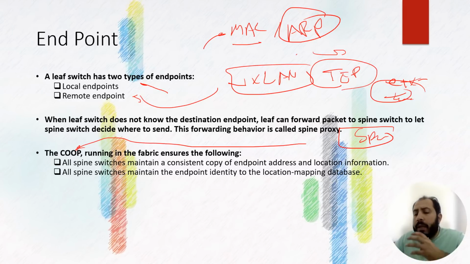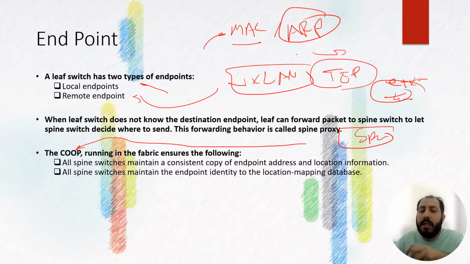The main role of the Council of Oracle Protocol is to build up a database for all the endpoints connecting to the fabric on different leaves, hence having full visibility over the endpoints, and also to make sure that all the spines within the fabric keep a consistent database as well.